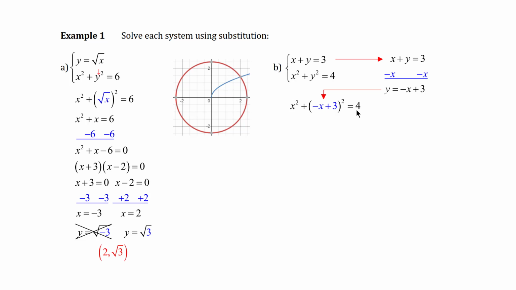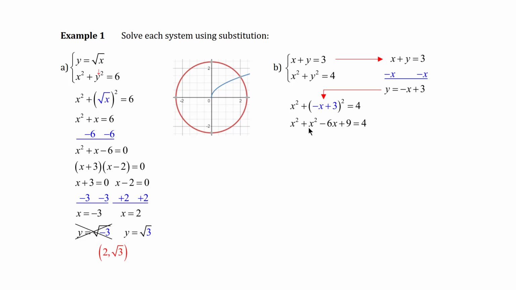The next step is simplifying by squaring the negative x plus 3. This is a perfect square, so we get x squared minus 6x plus 9, and then we bring down all the other terms. The result is x squared plus x squared minus 6x plus 9 equals 4. From here, we combine like terms.